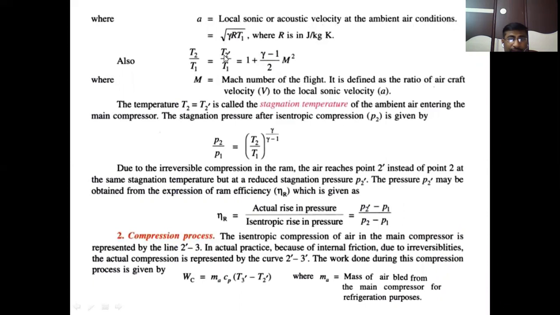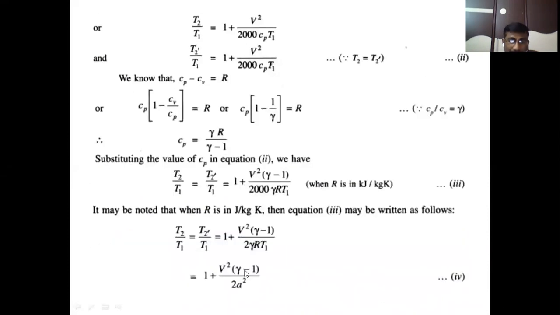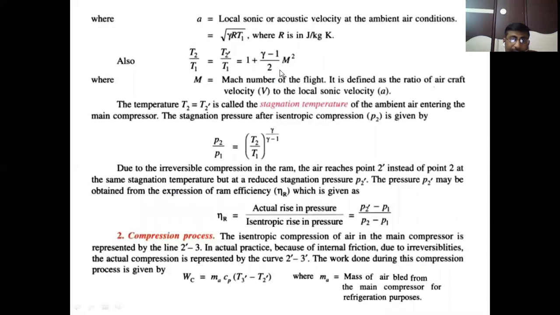Therefore, T2 by T1 equal to T2 dash by T1 equal to 1 plus gamma minus 1 by 2 into V square by A square, and V square by A square is equal to M square. V by A equal to M, that is the Mach number. Mach number of the flight is defined as the ratio of aircraft velocity to the local sonic velocity.